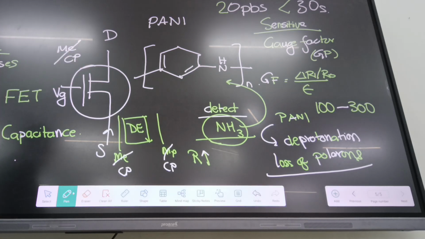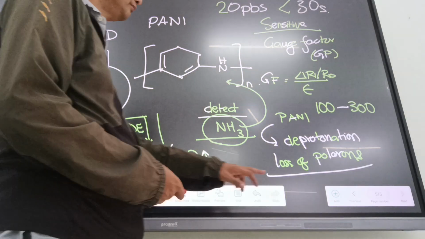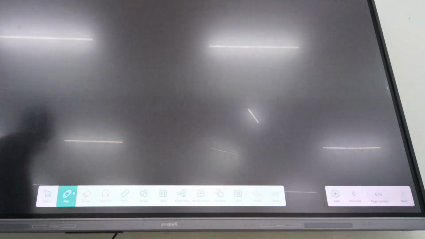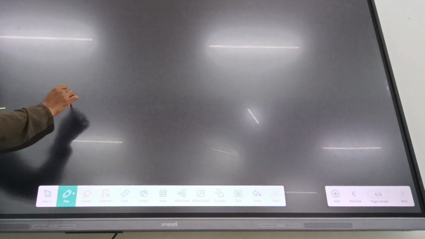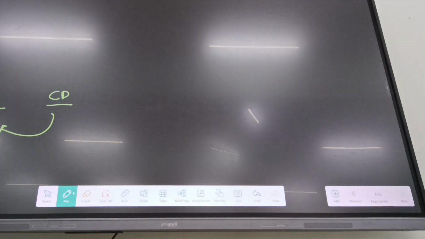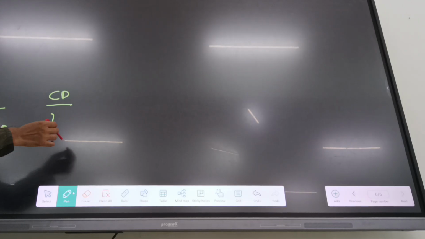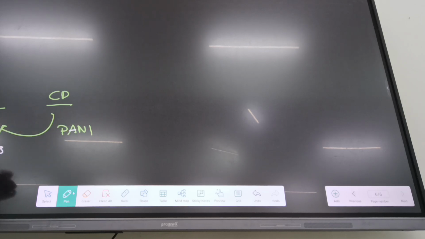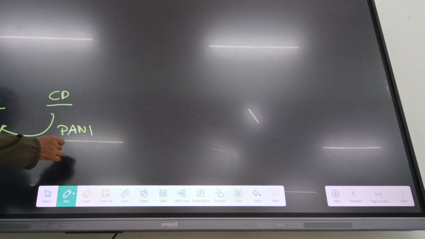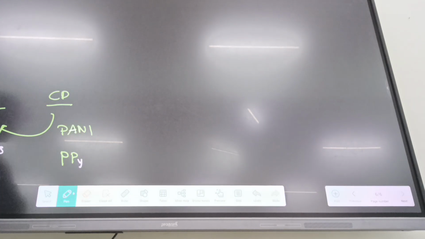You need to have different types of polymers for different types of gases because of the functional group; the gas and the CP detect each other. So NH3 can be detected by PANI. If you want to detect sulfur dioxide, PANI will not be that effective. So what do you have to use? You have to use another polymer.